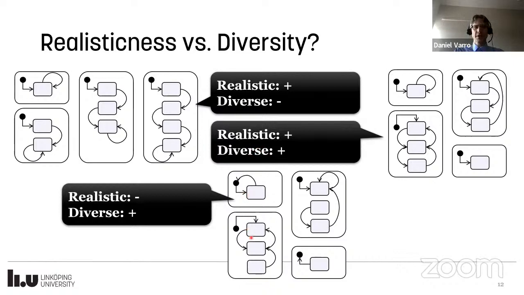If you go to this other group of state machines, you see that there is much larger structural diversity within and also between the models. So I would say that diversity is great here, but if you think about the semantic meaning of the various state machines, none of them would probably represent a real system.